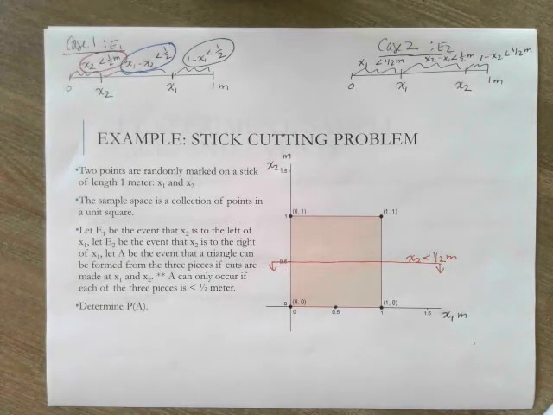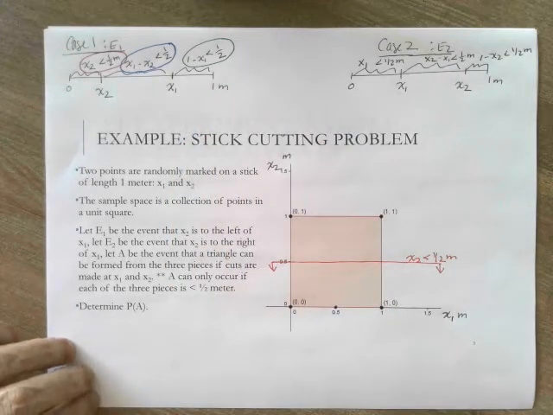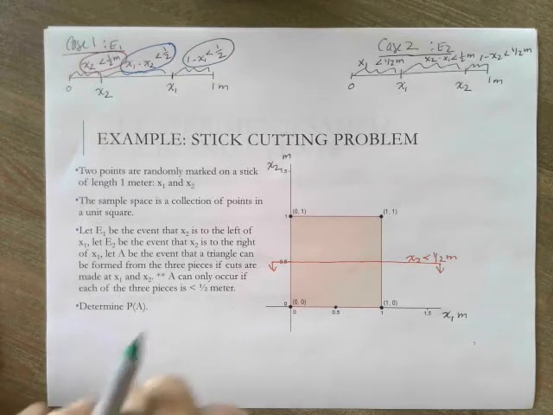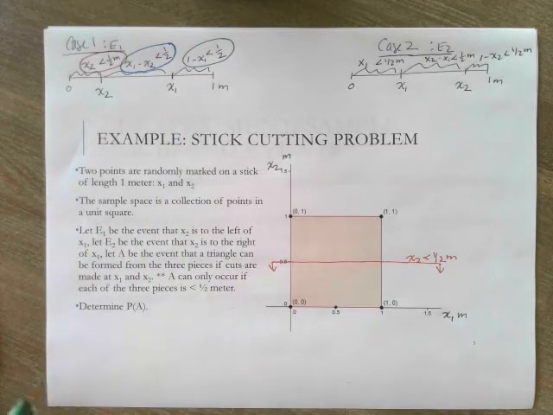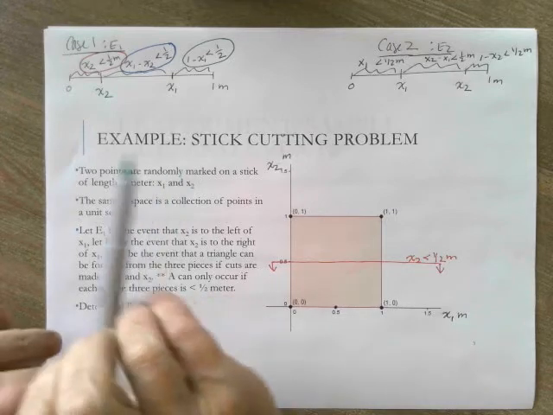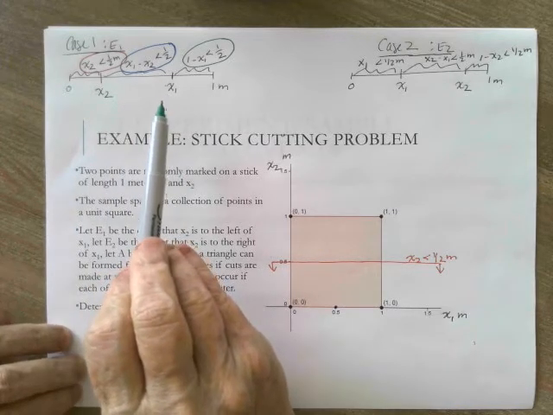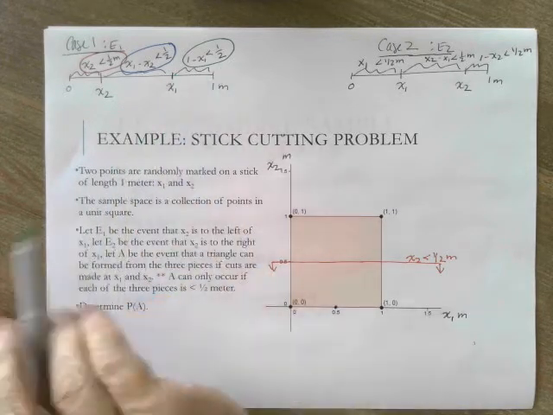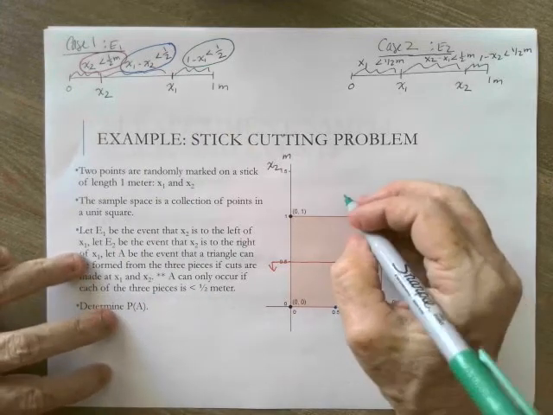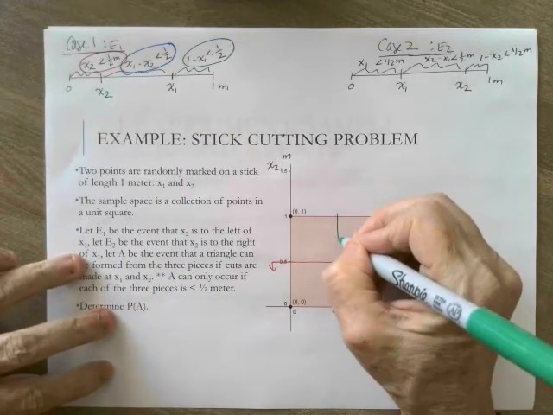Let's do the easier one next. If I do the green one, 1 minus x1 has to be less than a half, that's the same thing as saying that x1 has to be bigger than 1/2. So that would be represented here.